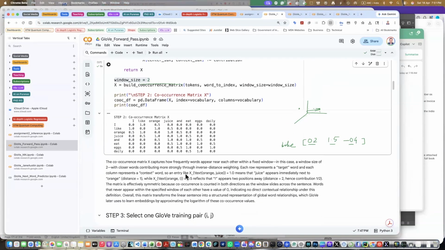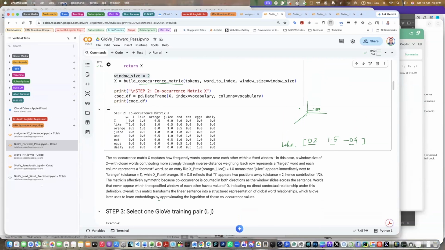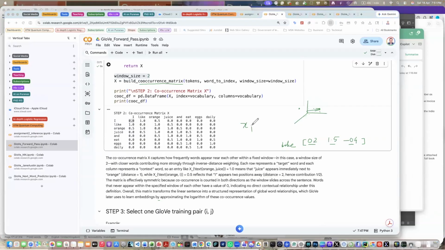Okay. So once I get the co-occurrence matrix, now these numbers are important. According to GloVe, these numbers are represented by the symbol xij. Now xij means what? i is one word, let's say "like", so i becomes "like", and j becomes its context, that is orange in this case.